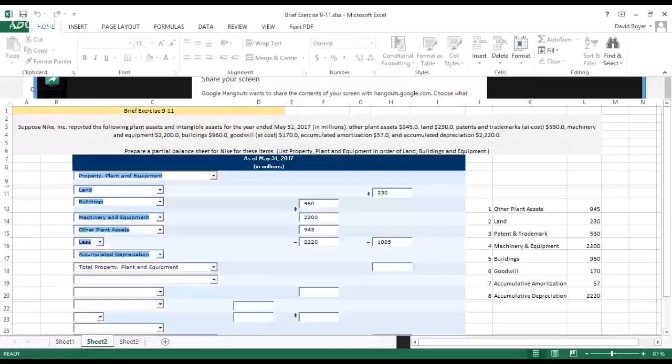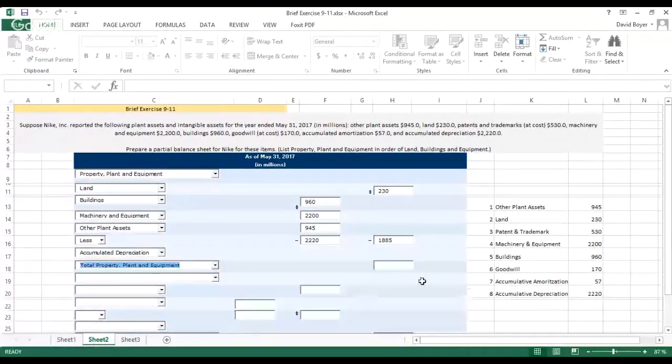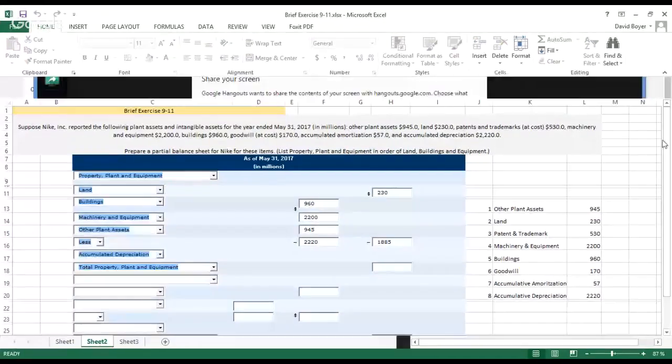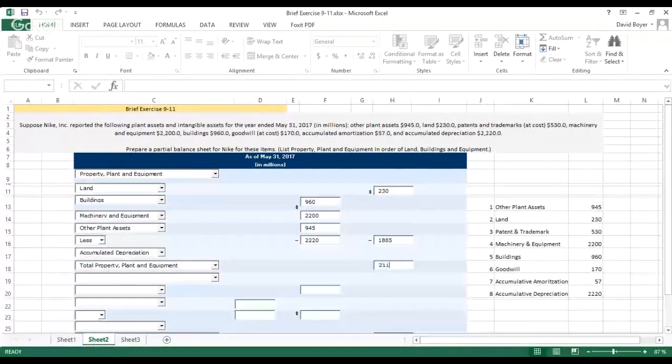Just give me one second here. And we're back in action. Perfect. Adding these together in our calculator, 1,885 plus 230 will give us 2,115.